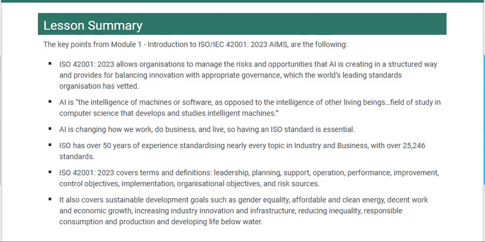AI is the intelligence of machines or software, as opposed to the intelligence of other living beings, a field of study in computer science that develops and studies intelligent machines. AI is changing how we work, do business, and live, so having an ISO standard is essential.